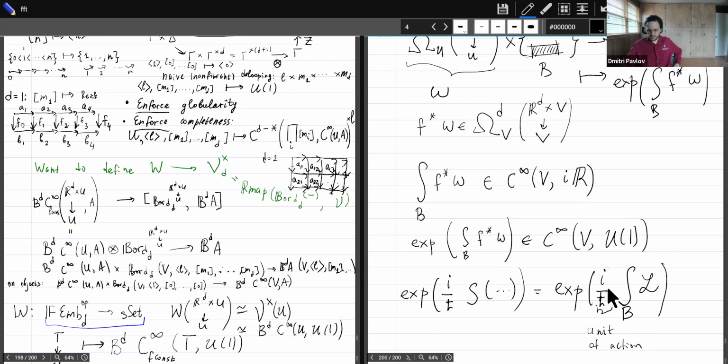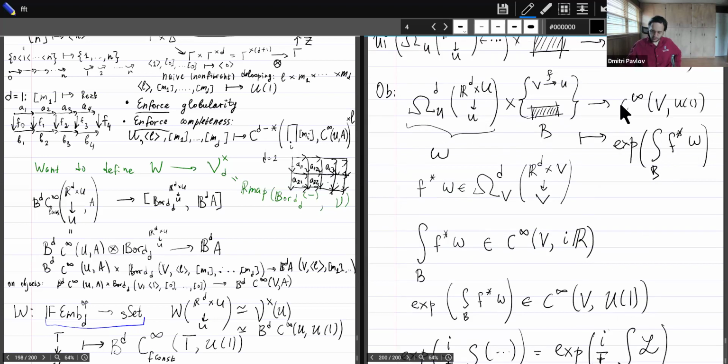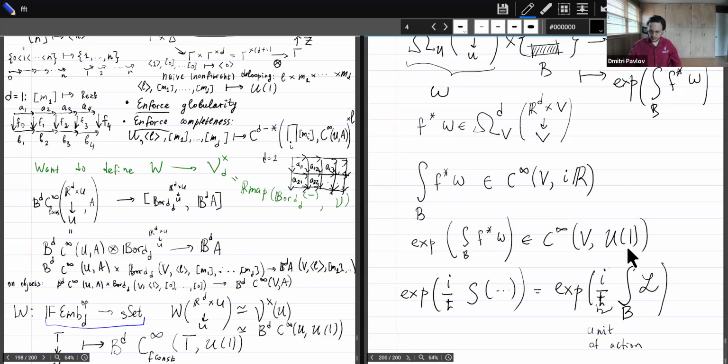So this factor is just motivated by the choice of units for Lagrangian. We want it to be real valued and take the units of action. So what this factor does, it converts it to the appropriate dimensionless quantities. So basically, what we call omega is just I over h bar L.